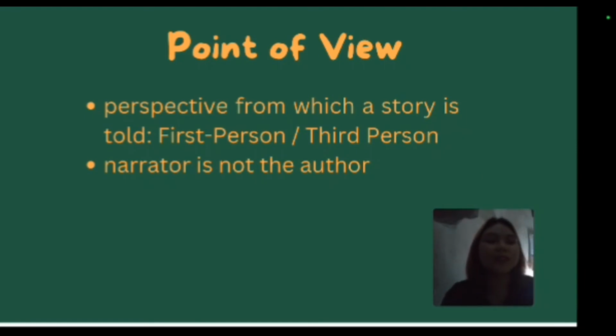Now, I think the fourth one is the point of view, the perspective from which a story is told. We are really familiar with the point of view, whether the author uses first person or third person.